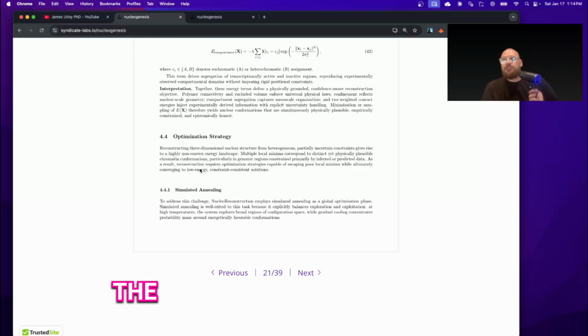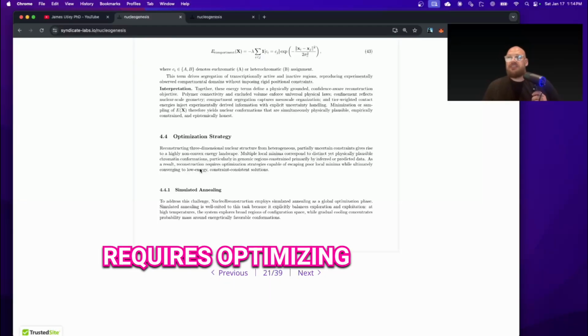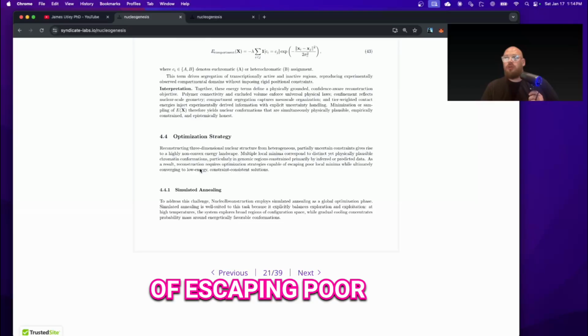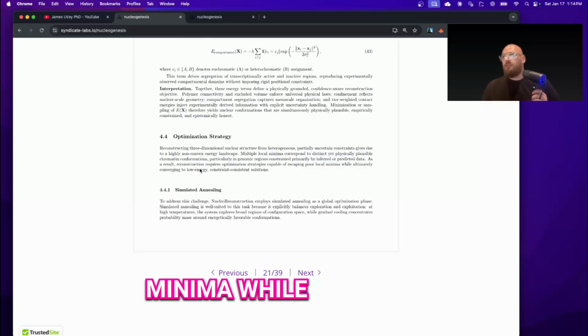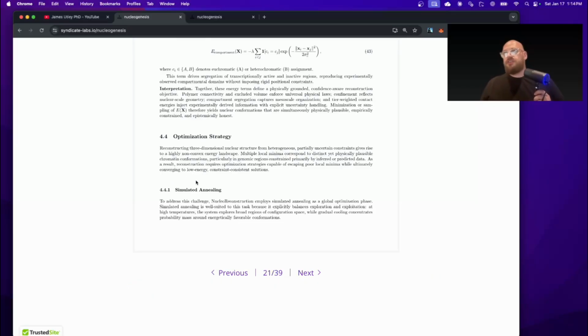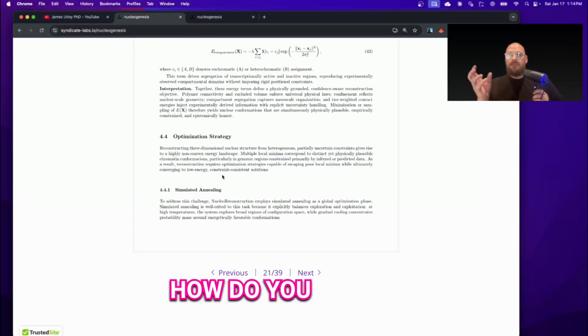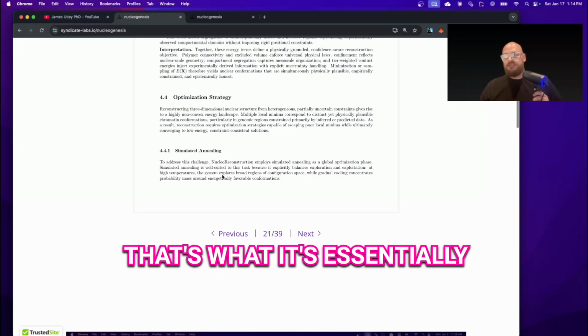As a result, the reconstruction requires optimizing strategies capable of escaping poor local minima while ultimately converging to low energy, constraint consistent solutions. So basically, it's just how do you optimize for the model? That's what it's essentially saying, right?